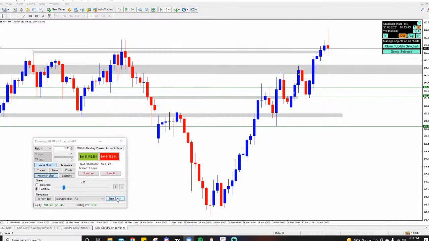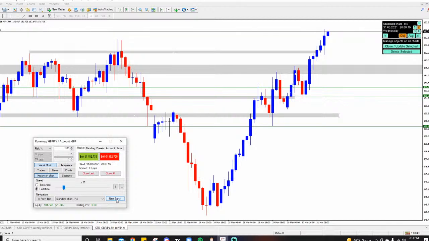So this is New York Stock Exchange open right here, hence the volume that we're seeing. Now this is kind of getting closer to the center of New York. So this is not the type of session that I would want to be taking impulse trades in.